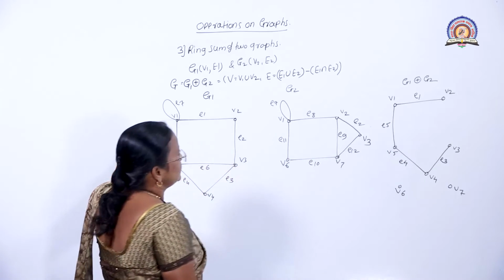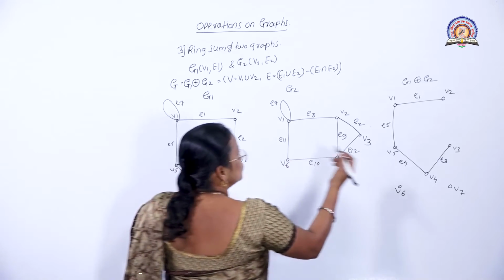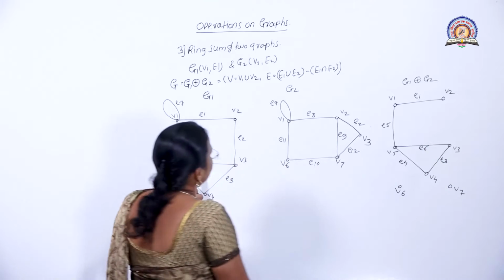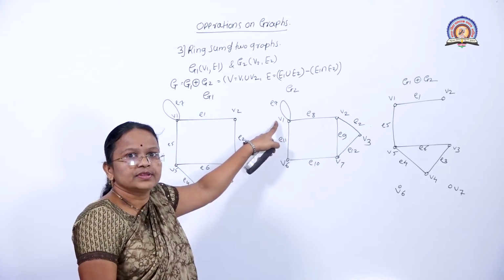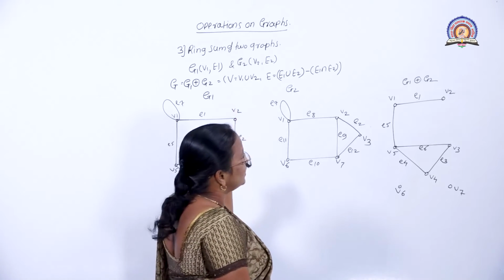E5. Next one E6 occurs in only first graph, so draw that. V5 to V3. E6. Next E7 occurs in both the graphs, so delete that. Don't draw that common edge.